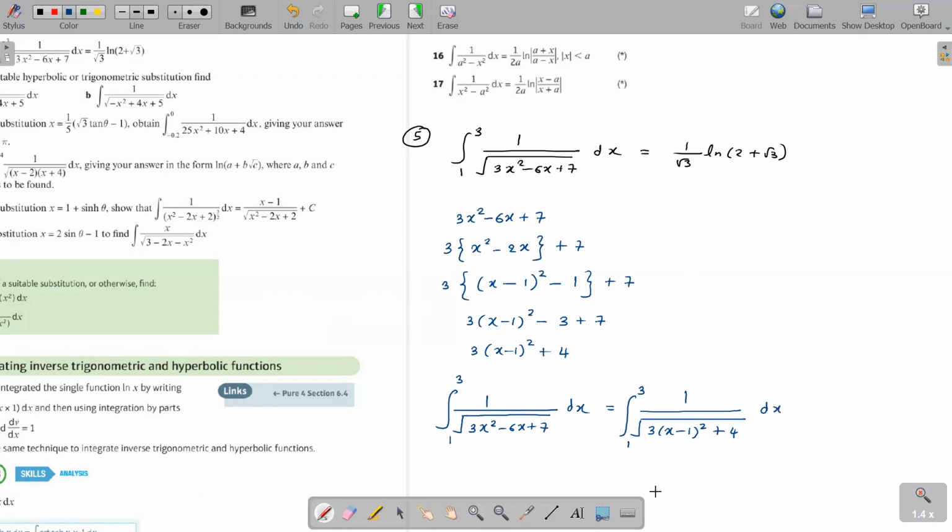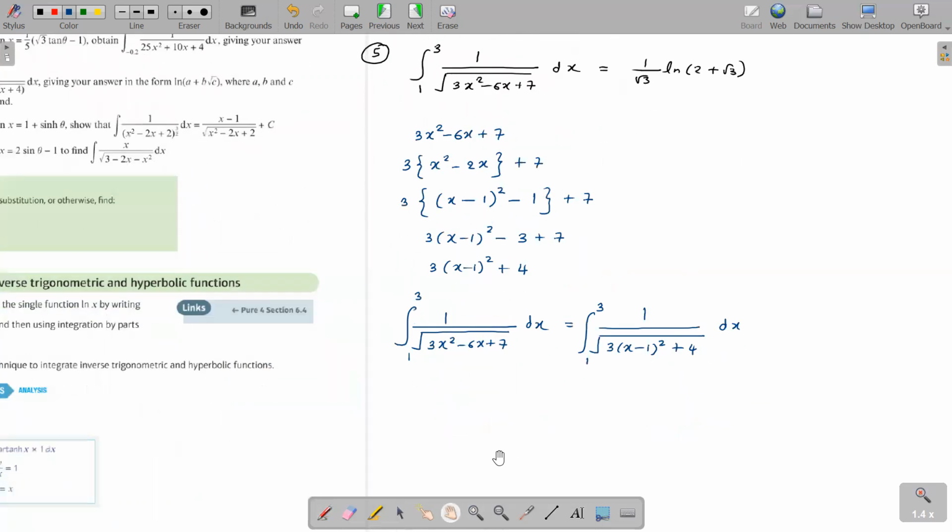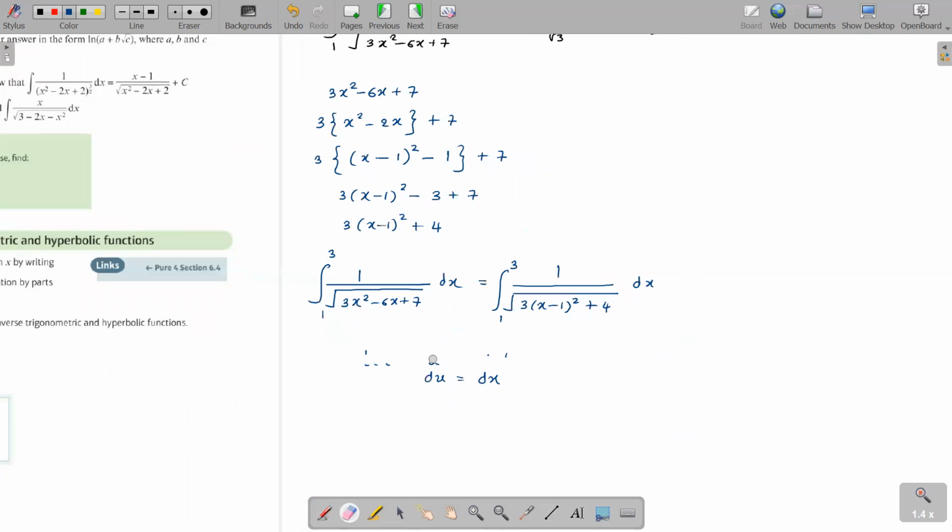Are you with me? Now it's time to substitute. Let u be equal to x minus 1, which means du becomes dx. Okay, so shall I write it in the corner here? Let u be equal to x minus 1, which means du equals dx.